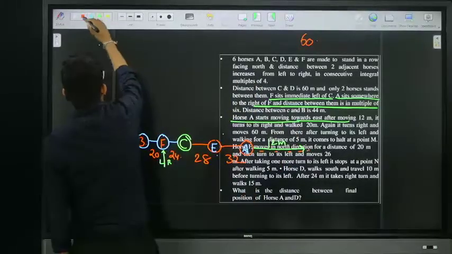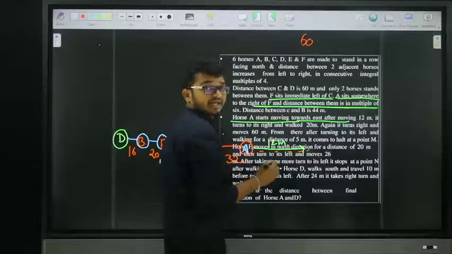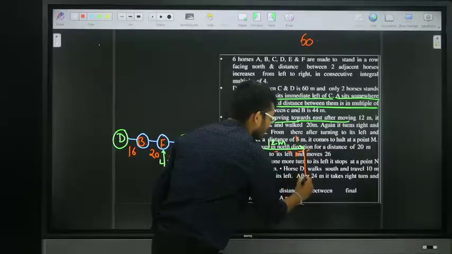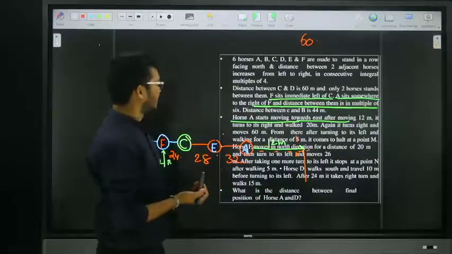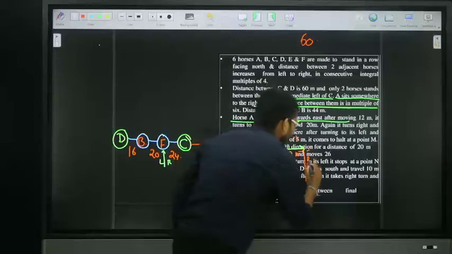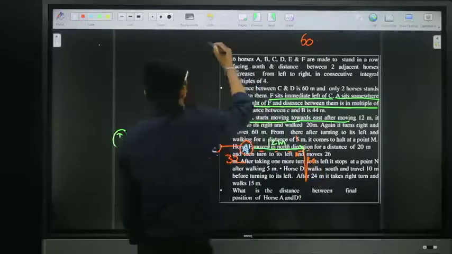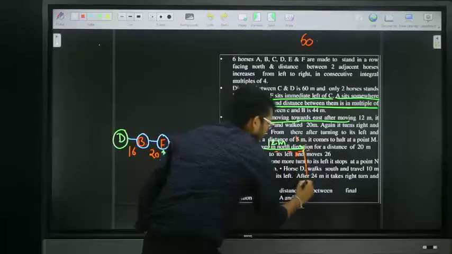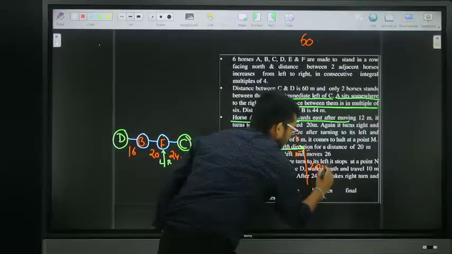Facing east, this is the left hand and this is the right hand. It turns to right and walks for 20 meters.